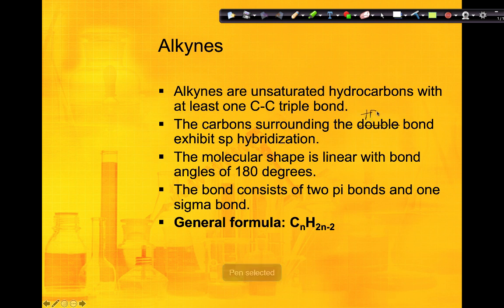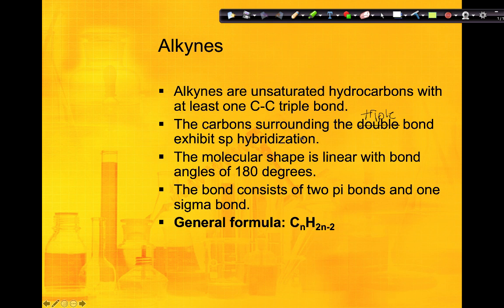If you have a triple bond, that means there's 1 sigma bond and 2 pi bonds. Sigma bonds are the only ones that hybridize, so it's going to have sp hybridization here. And you're going to see a linear shape. Wherever you have that triple bond, it's going to be linear at that part, so it should have a bond angle of 180 degrees.